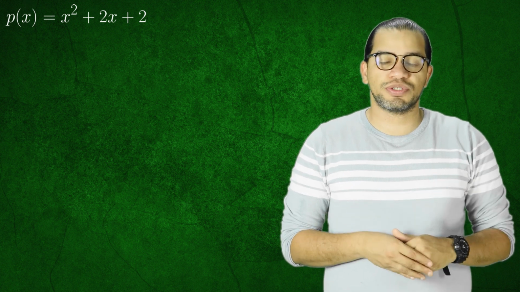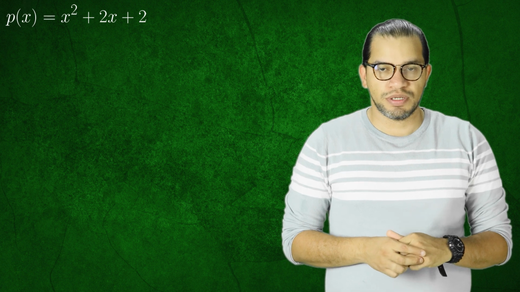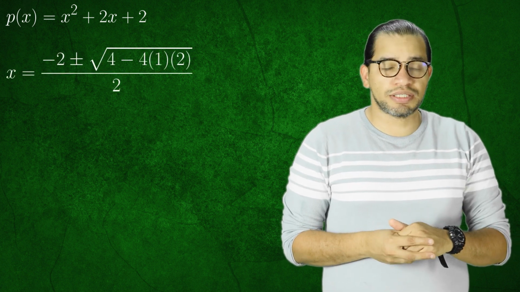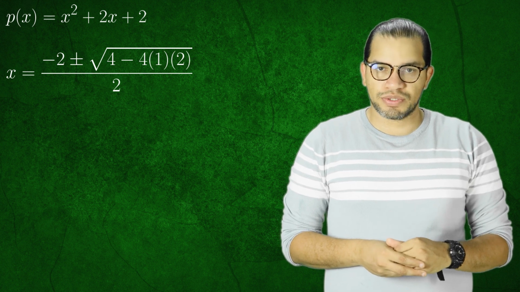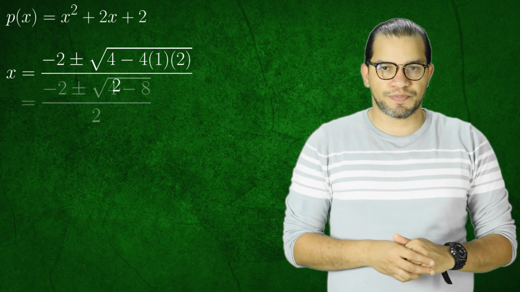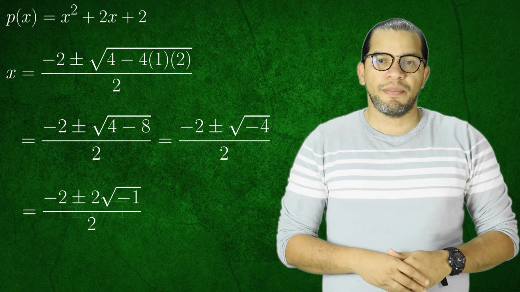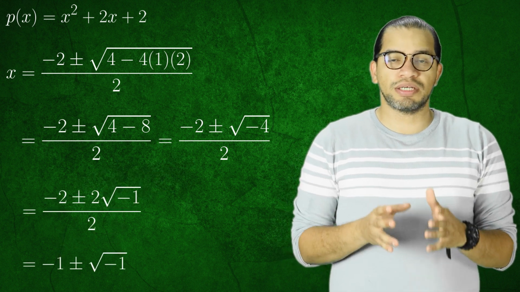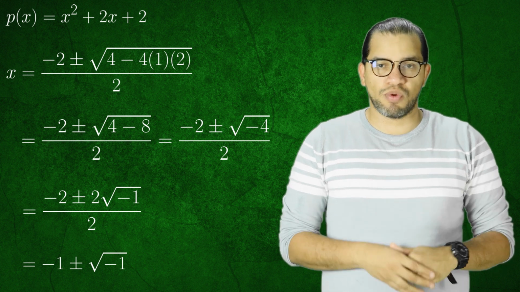If we use the quadratic formula, we have that the roots of this polynomial are given by the following expression: minus 2 plus minus the square root of 4 minus 4 times 1 times 2, divided by 2. If we simplify this expression, we get minus 1 plus minus the square root of negative 1.